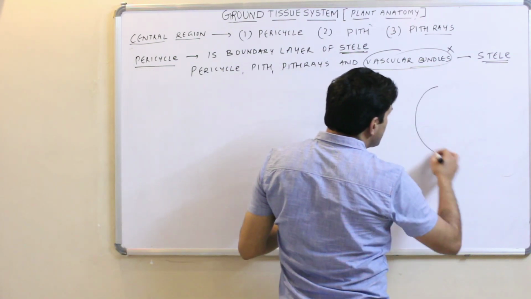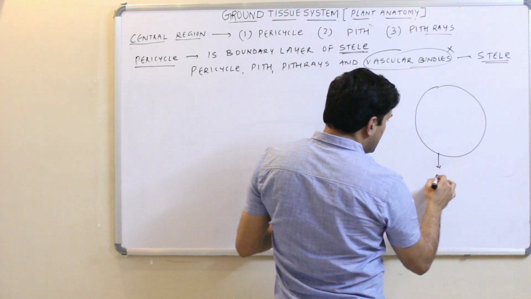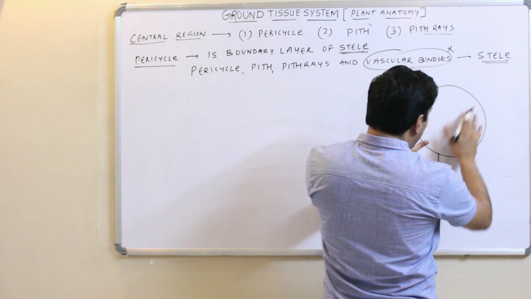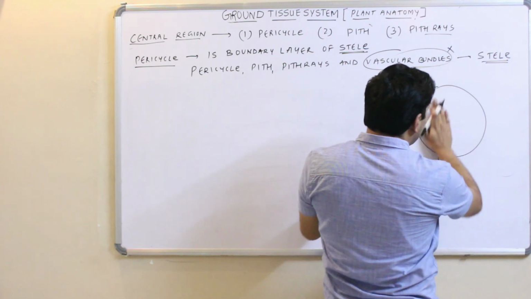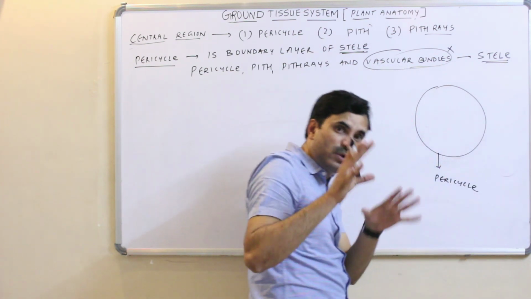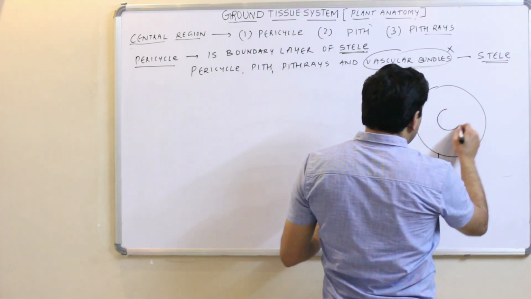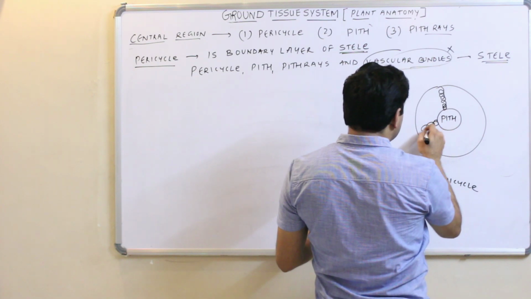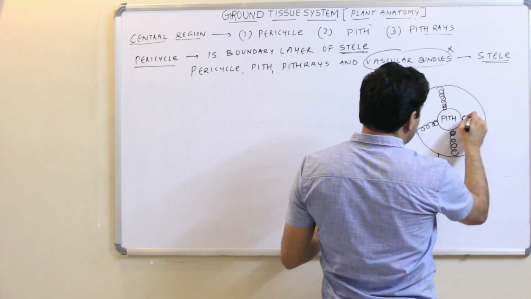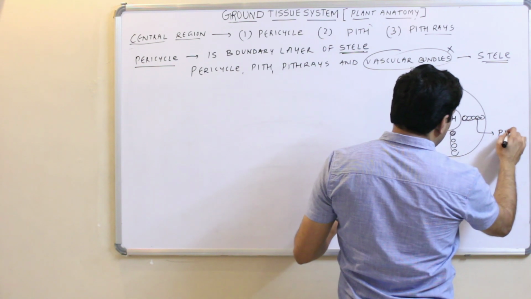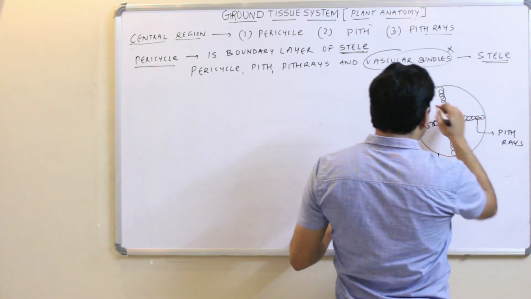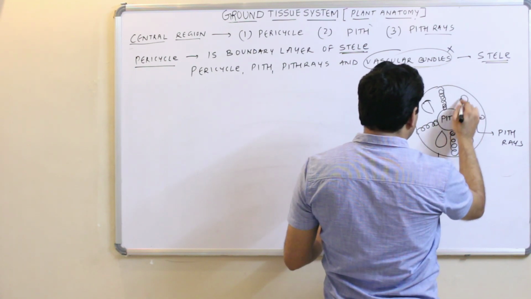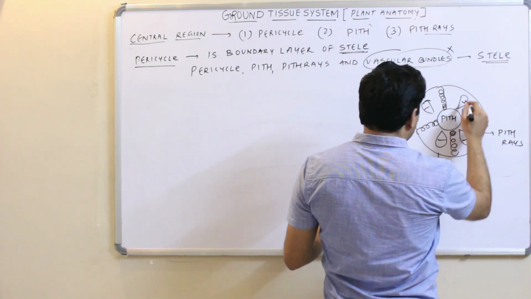So say this is the pericycle. And all portion inside the pericycle, including the pericycle, will be called as stele. So say this is the pith. From pith arise pith rays. So these are the pith rays, and these are the vascular bundles.